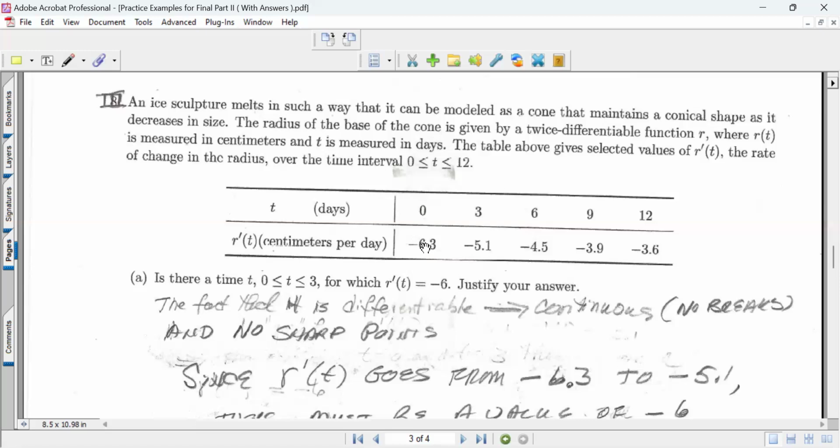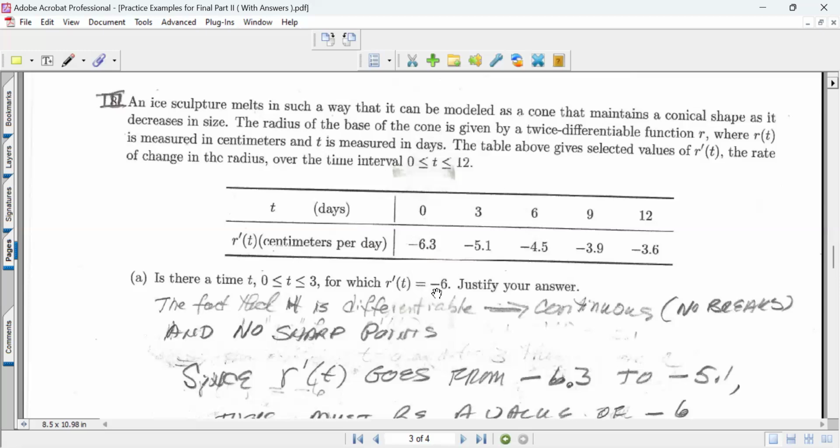And it's going down, it's changing at minus 5.1, then minus 4.5, and on the 12th day, it's changing at the rate of minus 3.6. Now, the question here, is there a time between 0 and 3 in which r prime of t is minus 6?